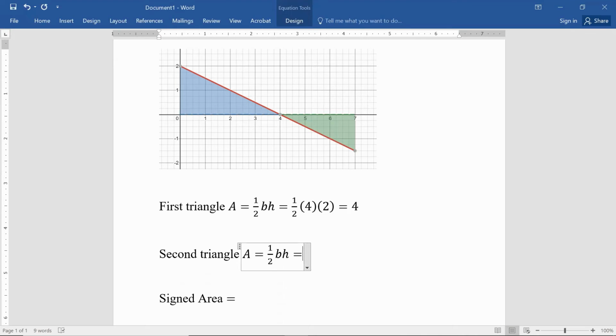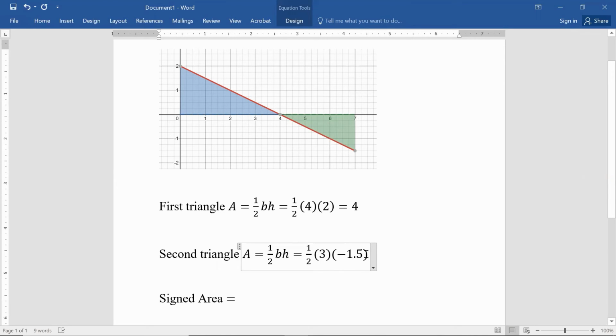Similarly, for the second triangle, 1/2 base times height is the area. The base here goes from 4 to 7. That's a base of 3. And the height goes from 0 to -1.5. Again, if you look closely and map this over, that's -1.5.